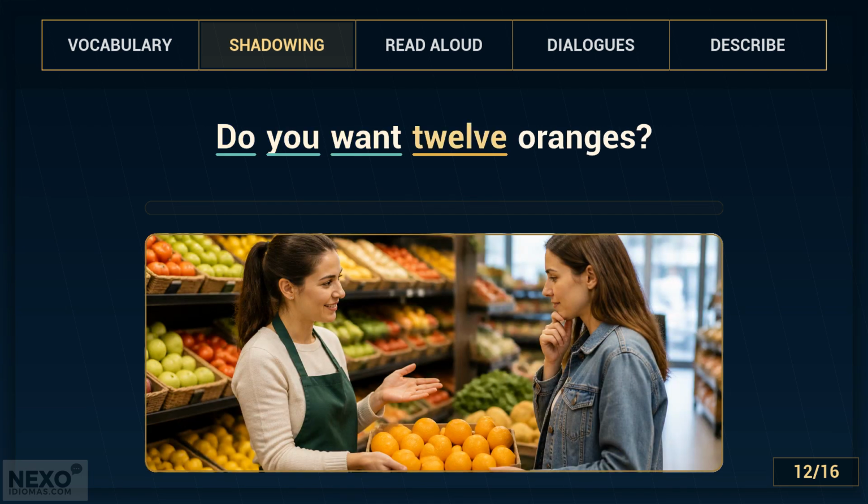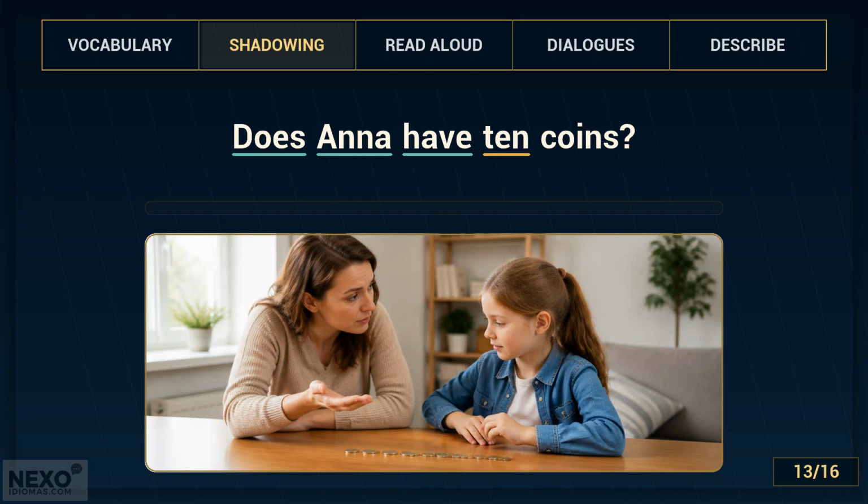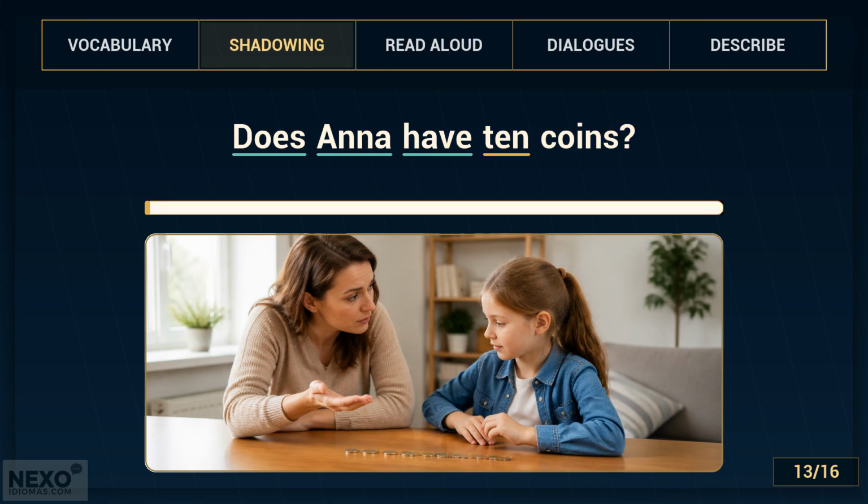Do you want 12 oranges? Does Anna have 10 coins?